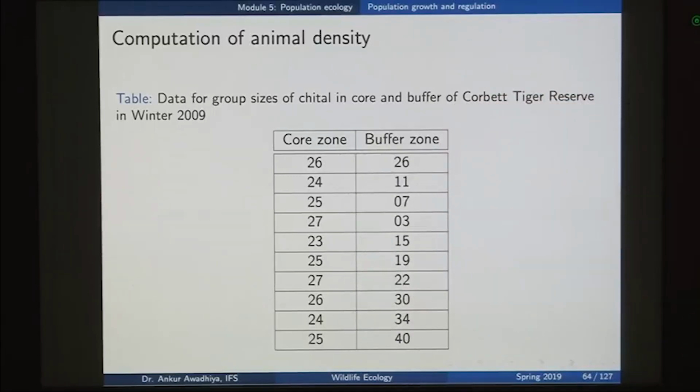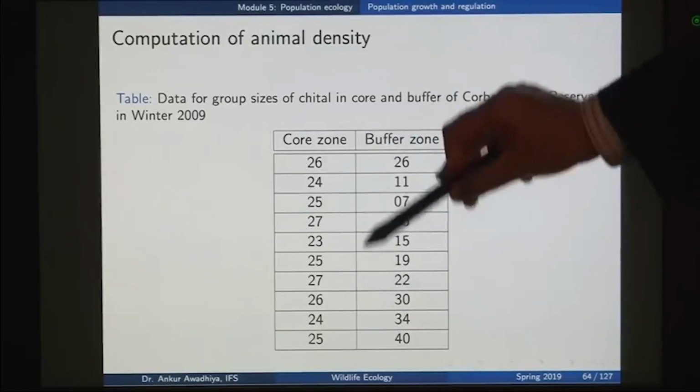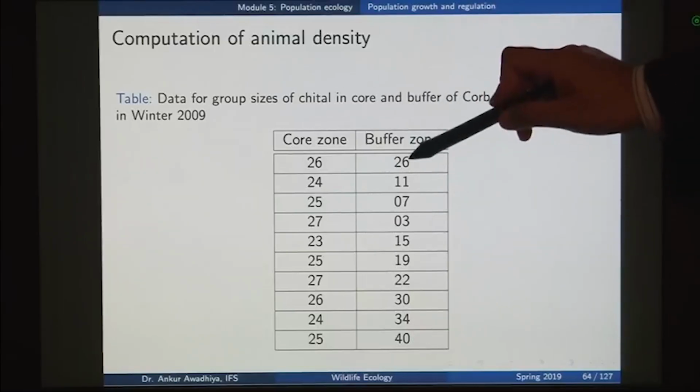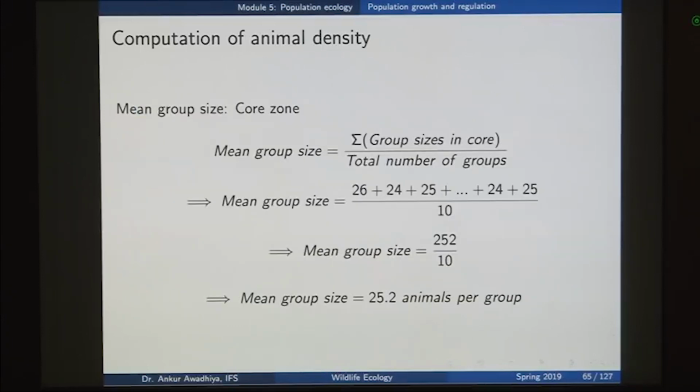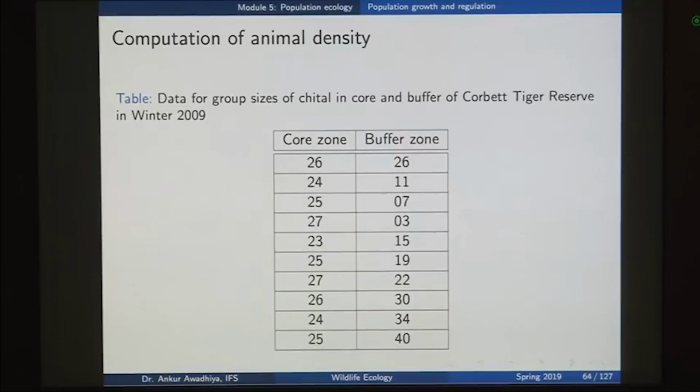So, these are all close together. Here are the values in the buffer zone. So, this is 26, 11, 7, 3, 15 and so on. So, there is a very large amount of variation. Now, what kind of inferences can we make out of such data? So, we begin by looking at the mean group size. Now, for the mean group size, what you do is you take a total of all of these.